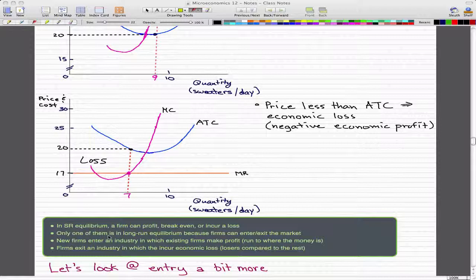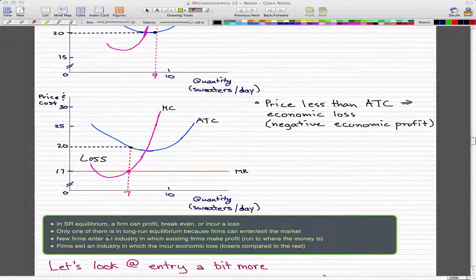So pretty much these new firms are running to where the money is. Firms exit an industry when there is economic loss. So pretty much the losers who thought there was money, but then that economic profit is not there anymore, they will just leave the industry to go find something else to do.